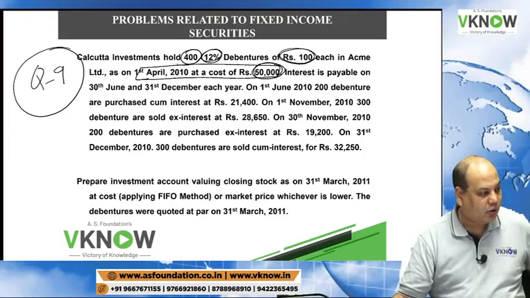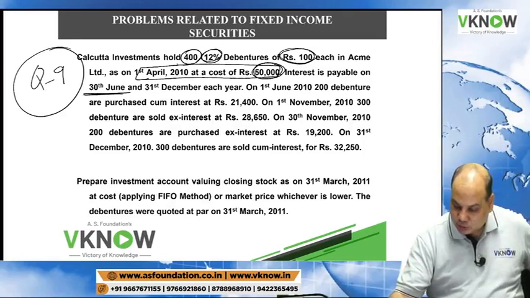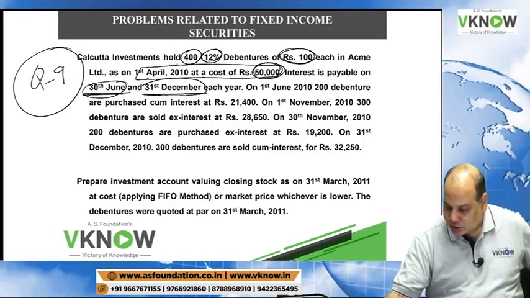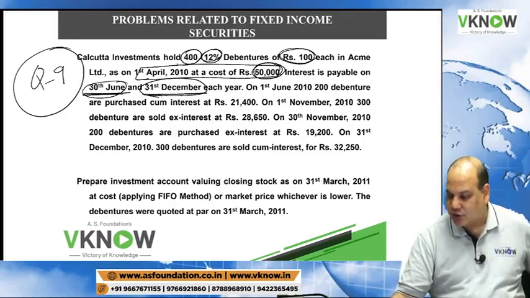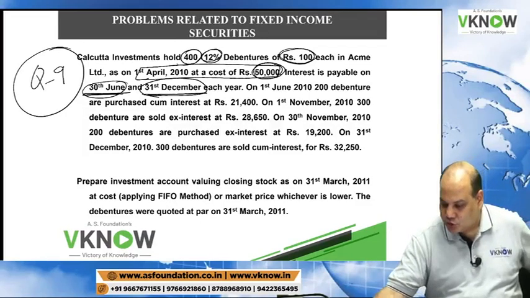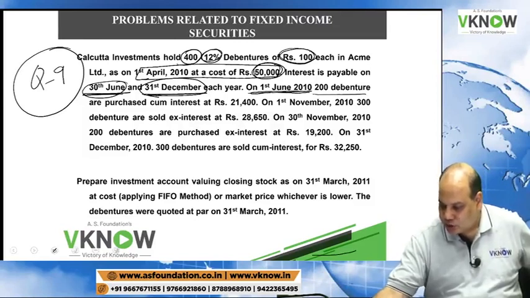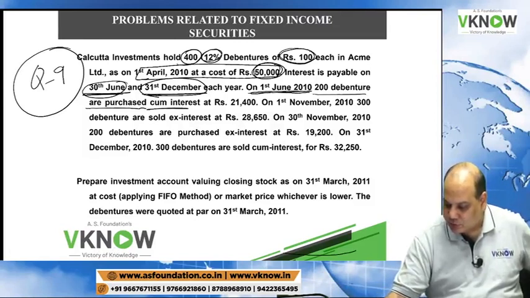Interest is payable on, underline two dates, twice a year, 30th June and 31st December each year. On 1st June 2010, like the previous problem, 200 debentures are purchased cum interest at rupees 21,400.